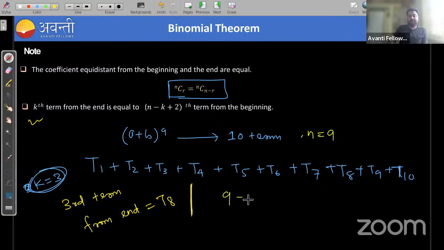So 9 minus 3 is 6, plus 2 is 8. So the 8th term from the beginning.